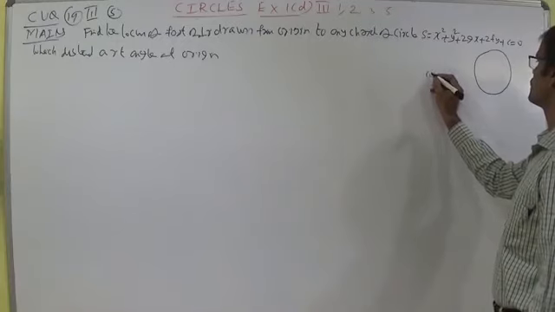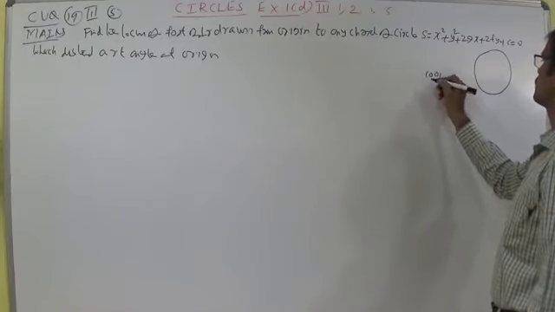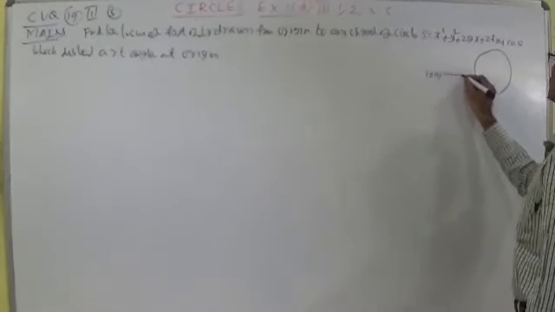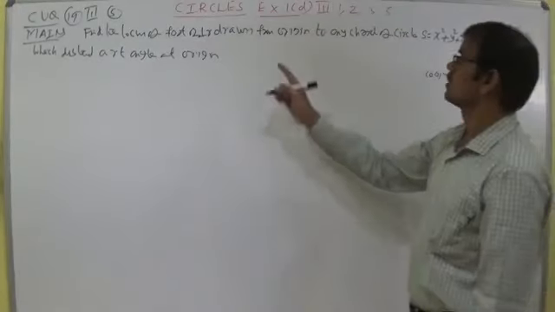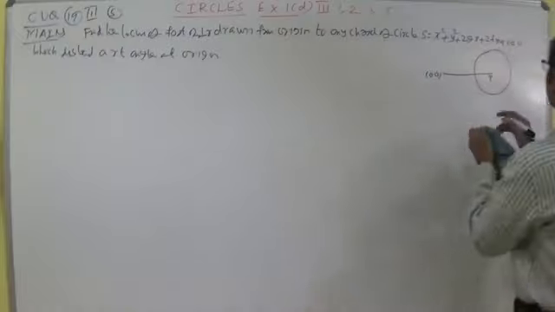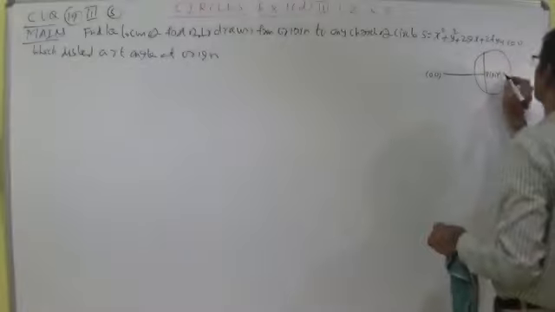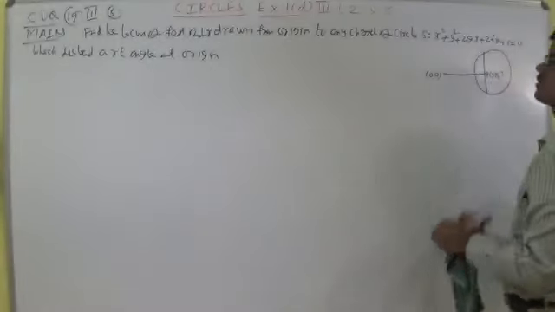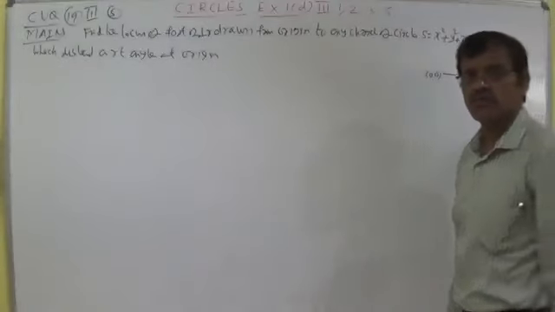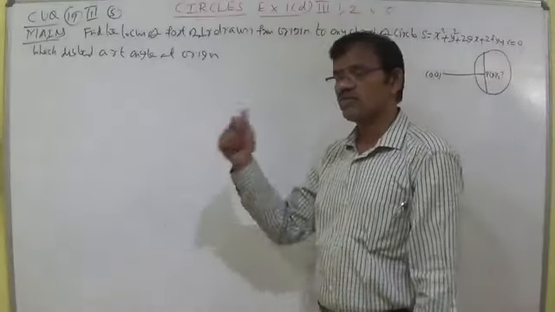If you take here 0, 0, from there you write here this foot of perpendicular of origin to any chord. Let us put here, this is a chord, P(x1, y1). P(x1, y1) is the foot of perpendicular of the chord from origin.